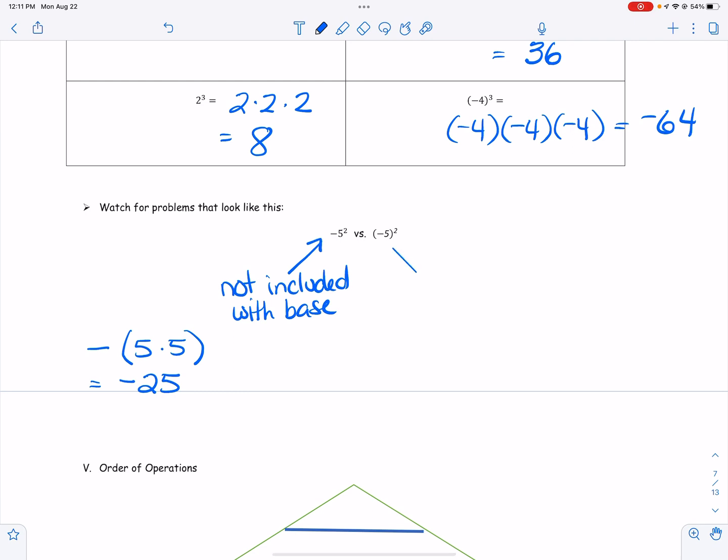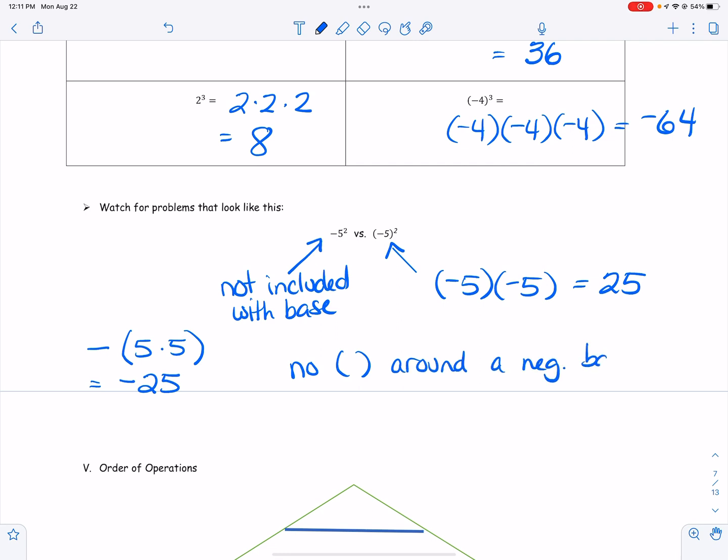This one takes the negative sign with it, and so that becomes a positive 25. So what I always say, no parentheses around a negative base always makes the answer negative.